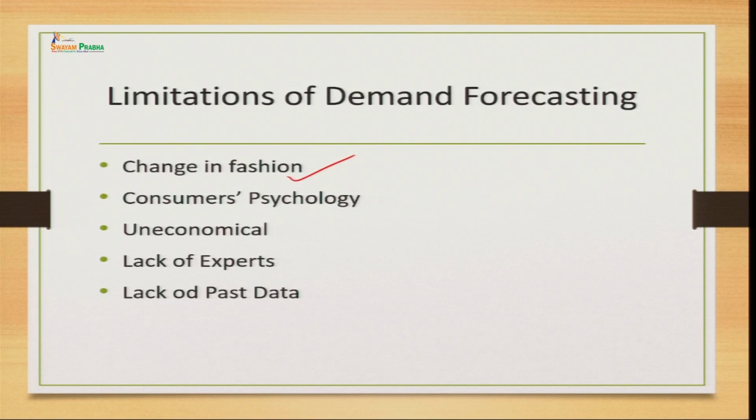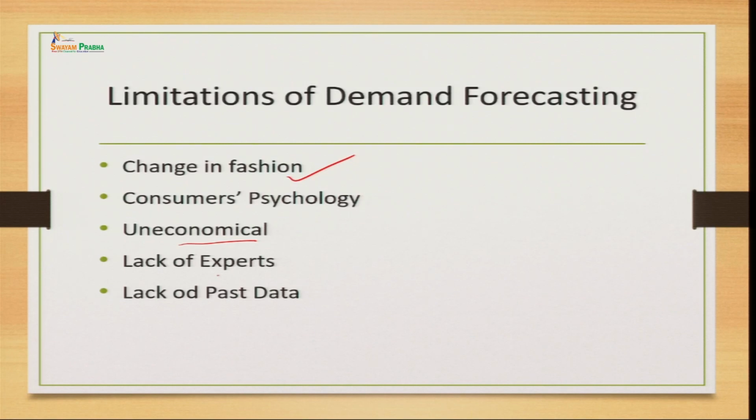Consumer psychology also creates a lot of problems in forecasting the demand, because consumer psychology is not clear, right. Then it is uneconomical: sometimes demand forecasting methods are very costly, which is not possible especially for small firms to apply. So, this is again one problem companies face because of the large amount of cost involved.